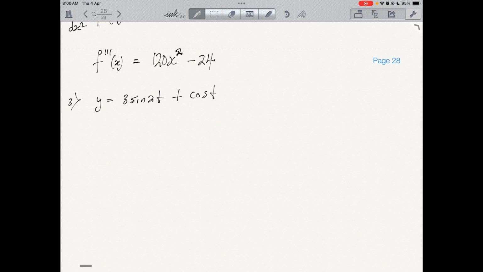And we are asked to find the second differential coefficient with respect to the variable. That means we are asked to evaluate dy/dt and d squared y/dt squared.